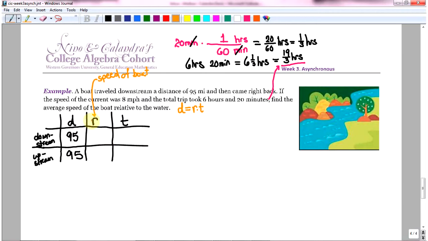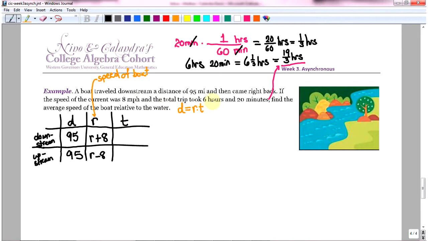If R is the speed of the boat in still water and the speed of the current is 8 miles per hour, when the boat was going downstream, its speed would be R plus 8 miles per hour. When the boat turns around and goes back upstream, it's going slower because it's fighting the current, so you take the speed of the boat and subtract the speed of the current, 8 miles per hour.